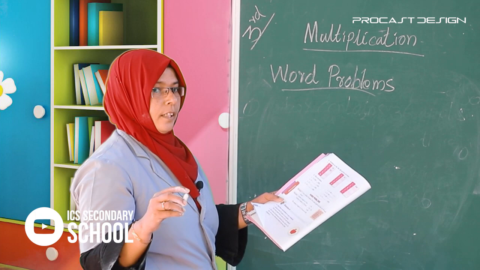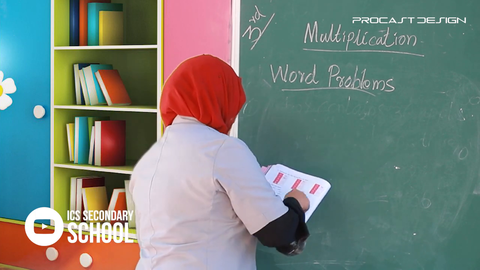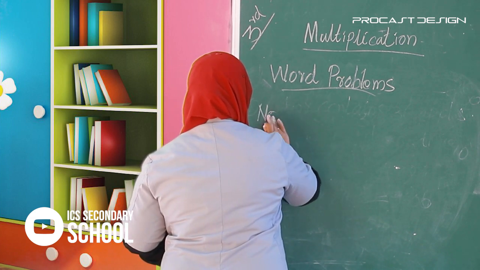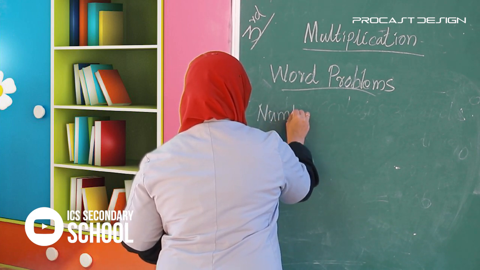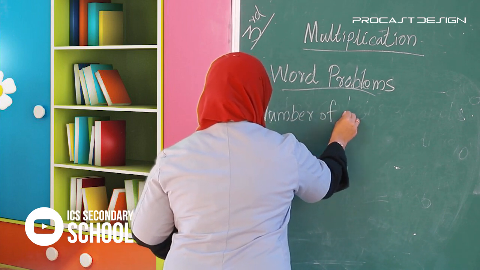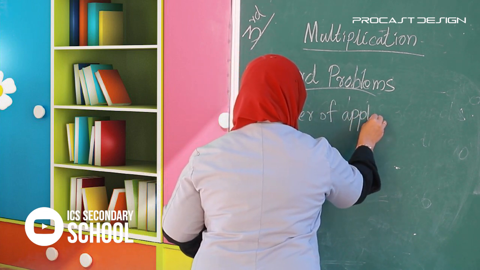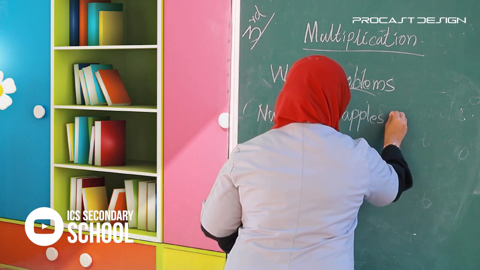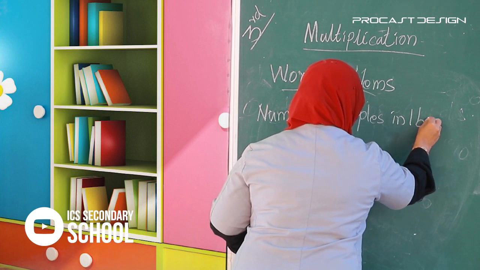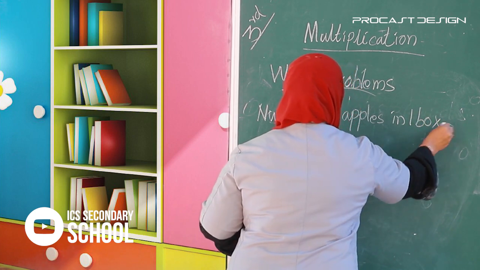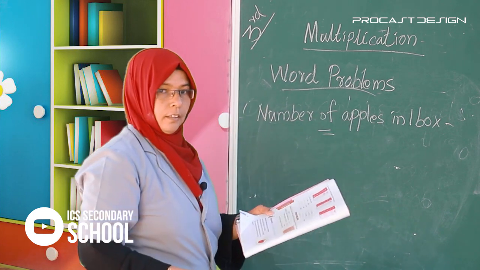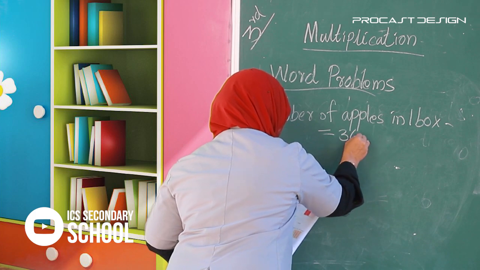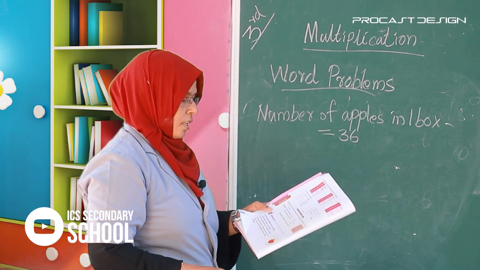First, the solution. Number of apples in one box equal 36. Good.